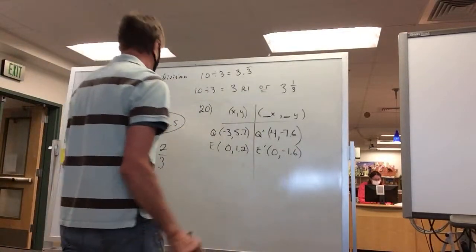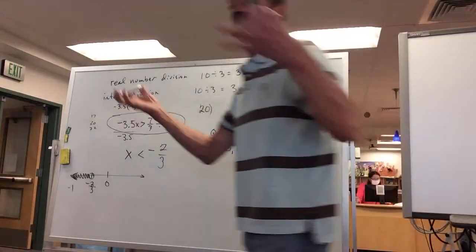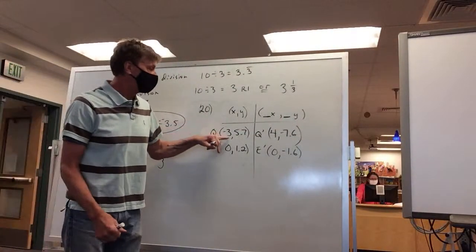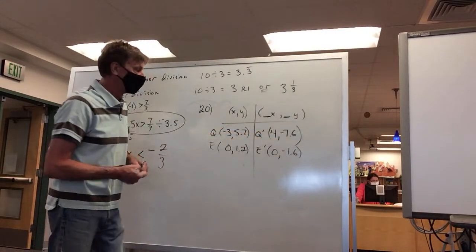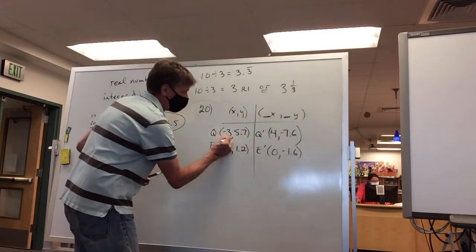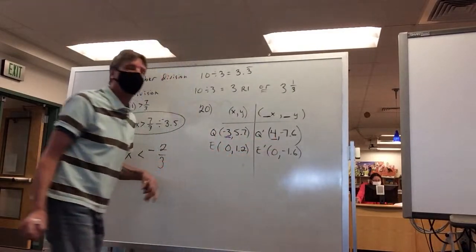Okay. So the idea here is that when we have a magnitude of size change, we're multiplying the x's and the y's by something to get new values. So we have to say that this number multiplied by something will be equal to that number.